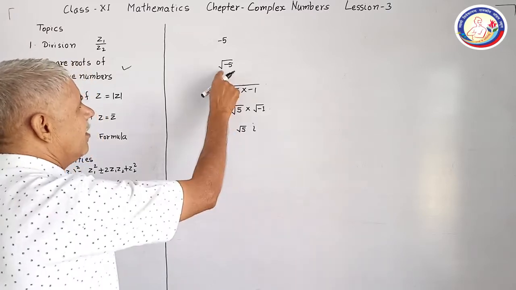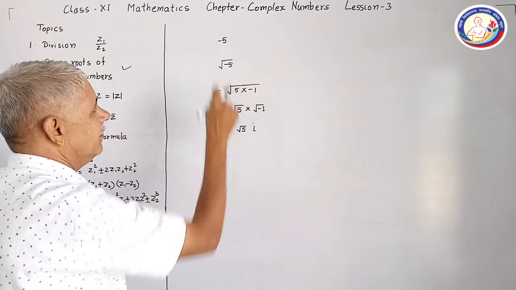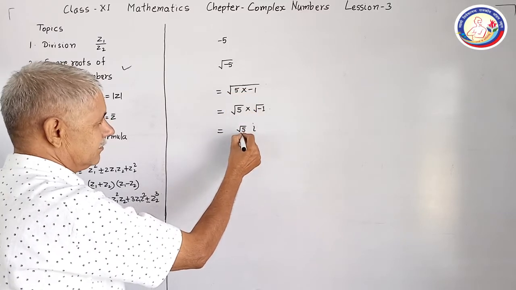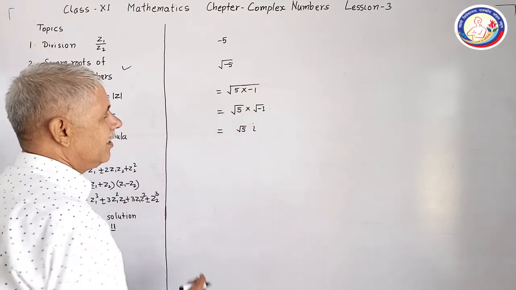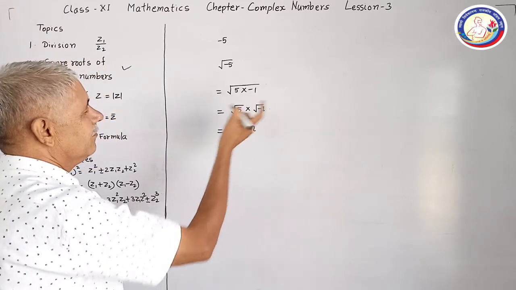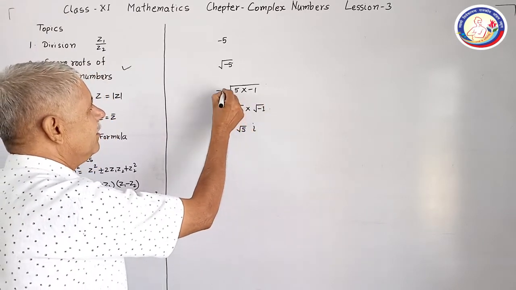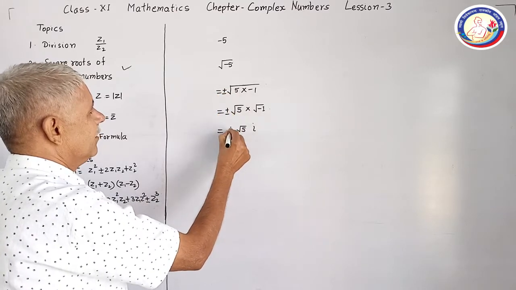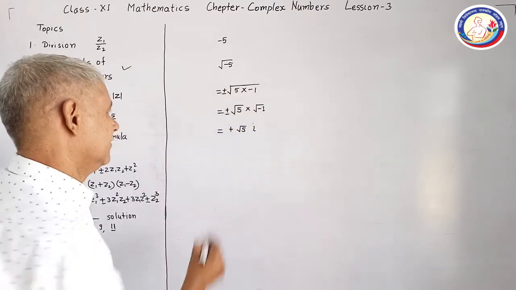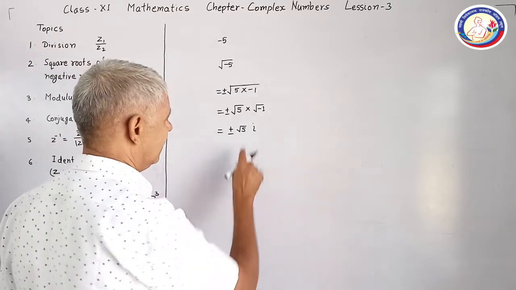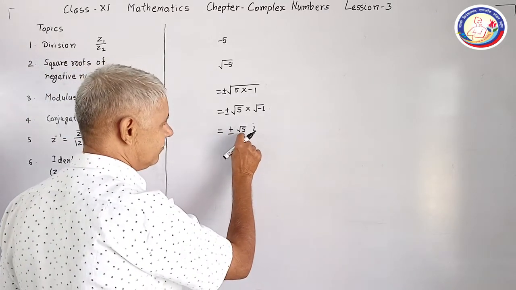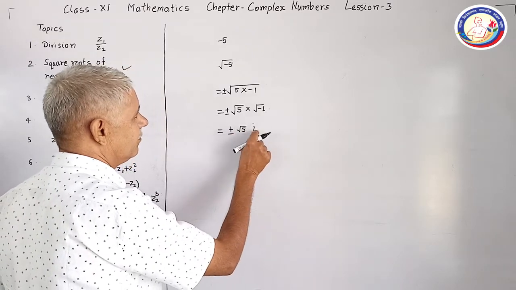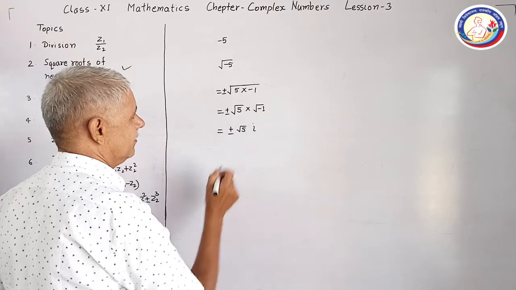So the square root of minus 5 is plus square root of 5 iota, and the second root, if we take both signs plus and minus, will be minus square root of 5 iota.